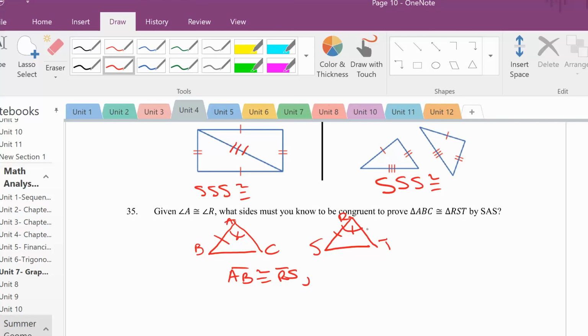And you would also need to know that AC is congruent to RT in order to make it side angle side.